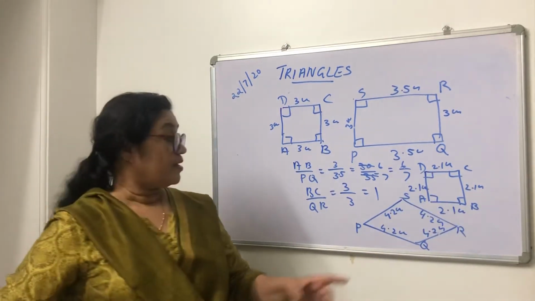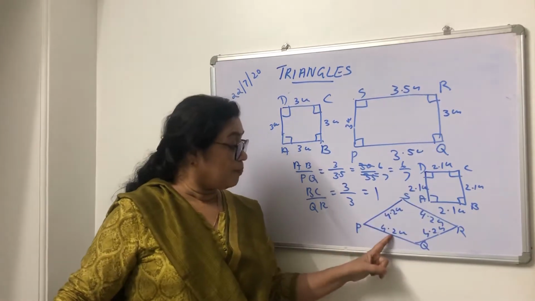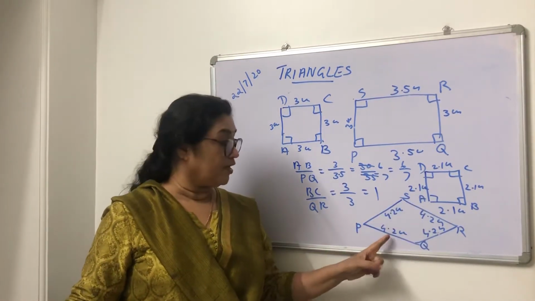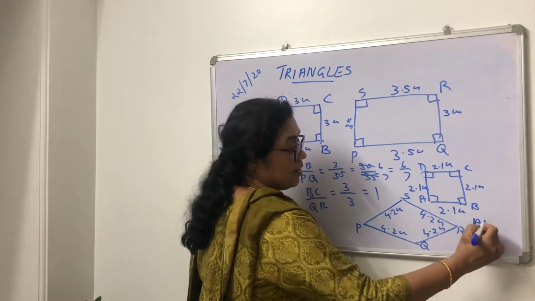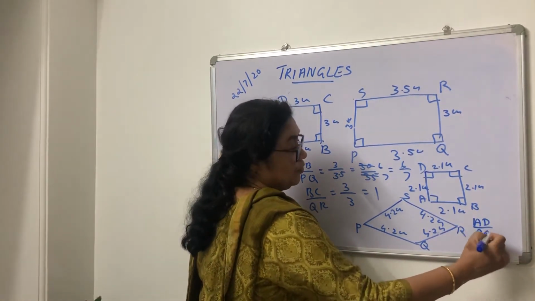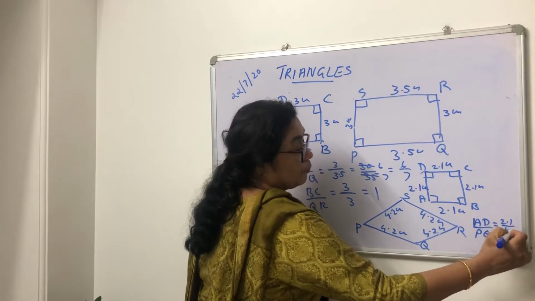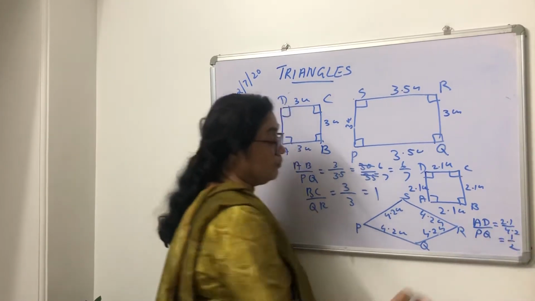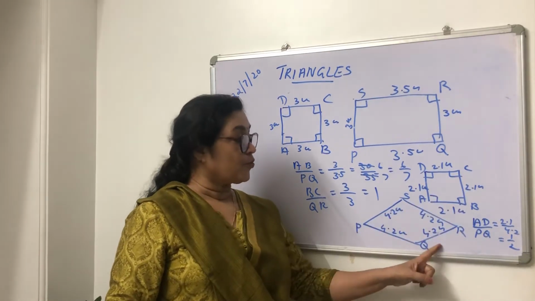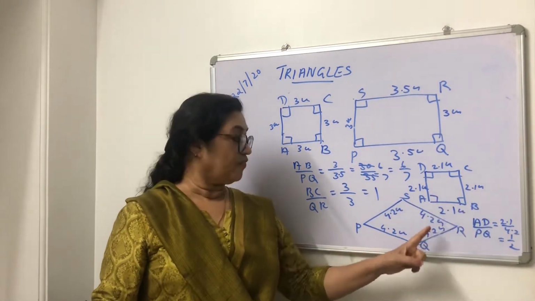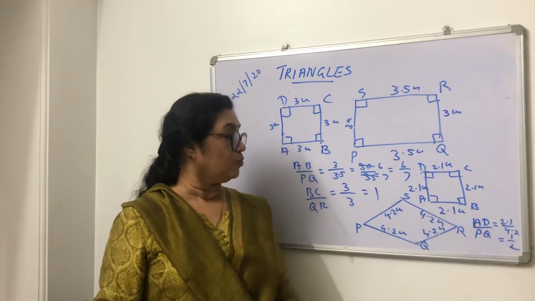Take AB by PQ, 2.1 by 4.2, that is 1 by 2. Take BC by QR, again 2.1 by 4.2, 1 by 2.